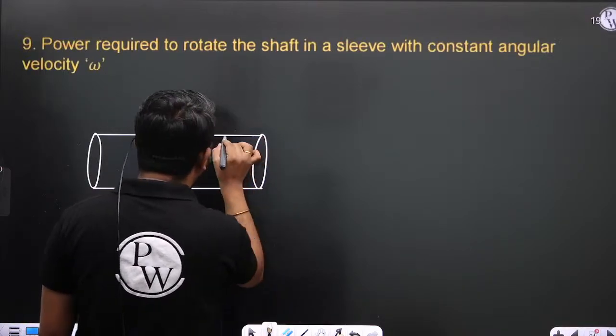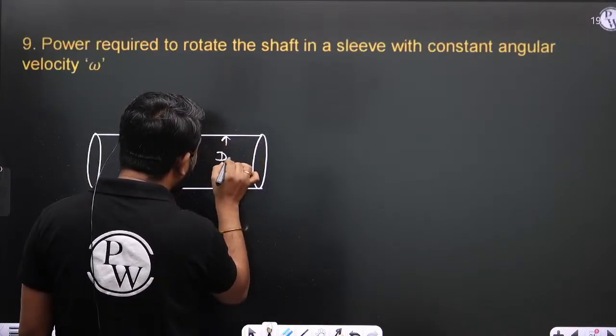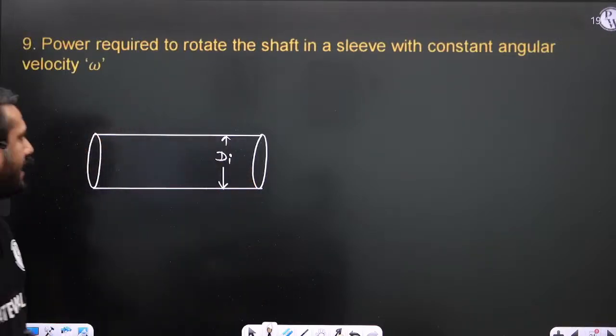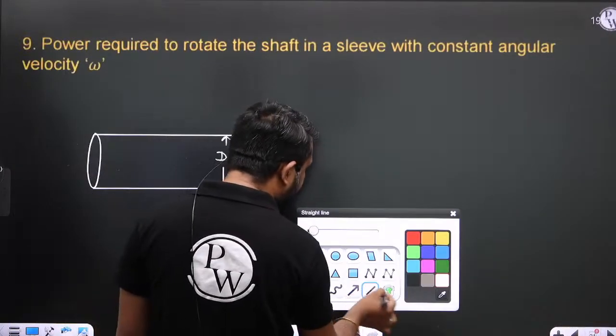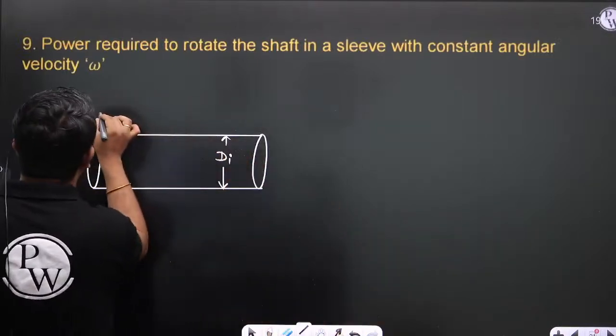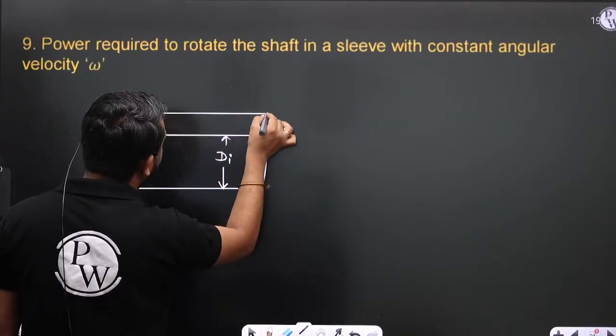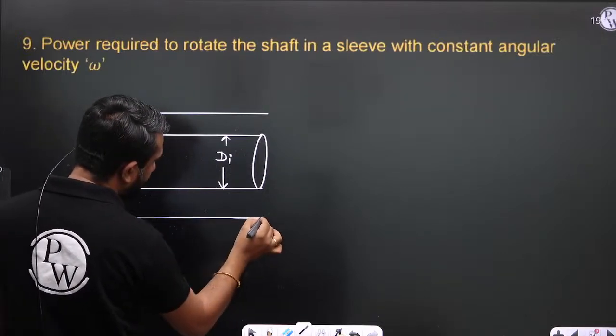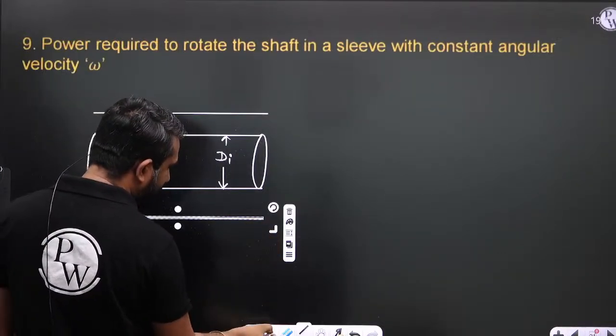Let us consider the diameter of the shaft as Di, and this shaft is in a sleeve. This is the sleeve.